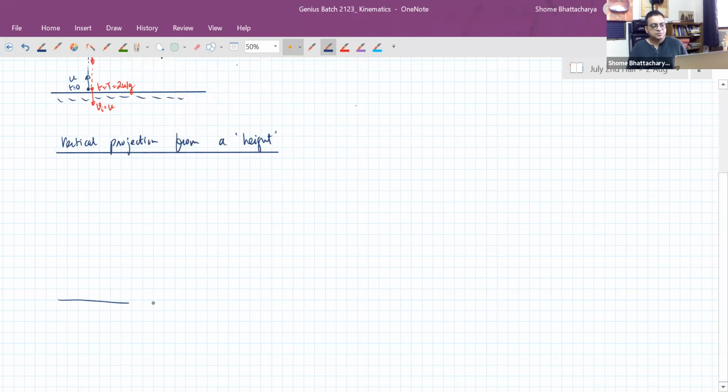So what is happening in this example is, suppose this is our ground level, and this is some heighted position.